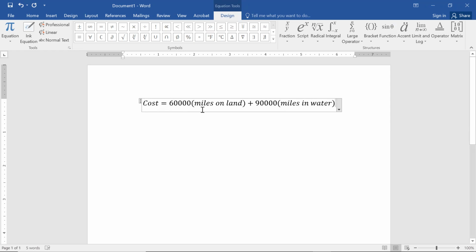We want to come up with an equation where our variables are involved in the miles on land and miles in water, and then minimize using derivatives. Let's go back to the picture.